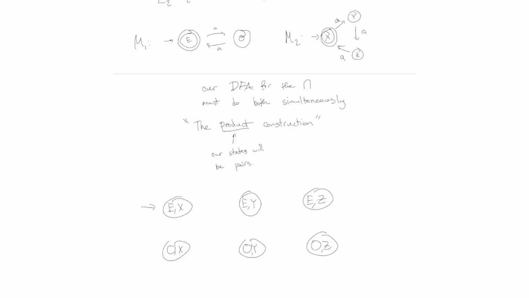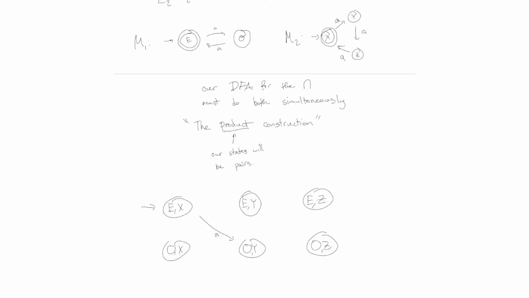Well, if you're trying to do both at once, you just think about where the arrow from E goes and where the arrow from X goes. E goes to O, X goes to Y. That means EX goes to OY, like that. So I'm looking at both things in the pair, and you just do that arrow on both individual things and see where they go. All right? This is not so hard to do once you know what's up.